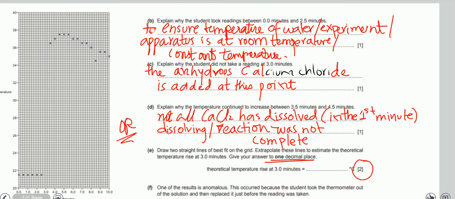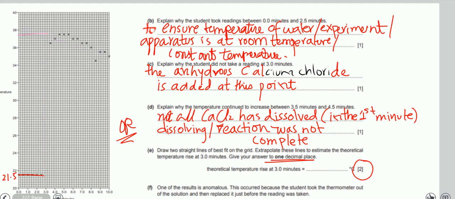The temperature over here, at this point, is 21.5, and then you have to see what temperature you get at the intersection of this line and your line of best fit.